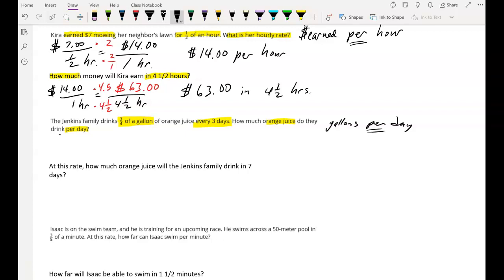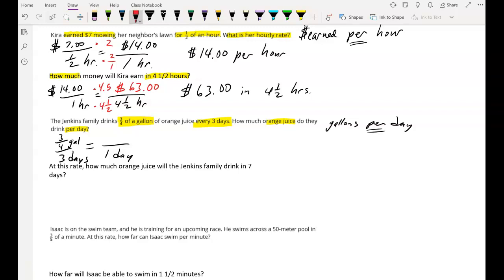So we know that they're drinking 3/4 of a gallon every 3 days. So how much for 1 day? How much orange juice? 3/4 of a gallon in 3 days. How much for 1 day?